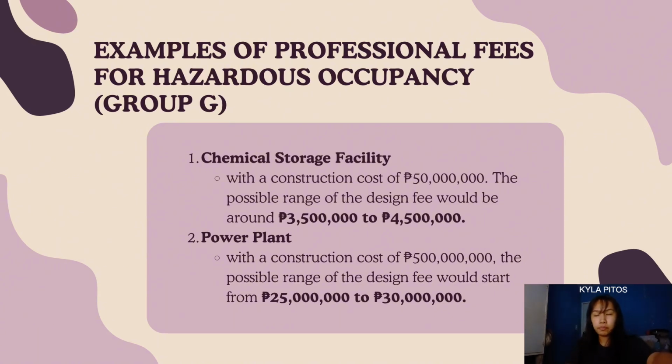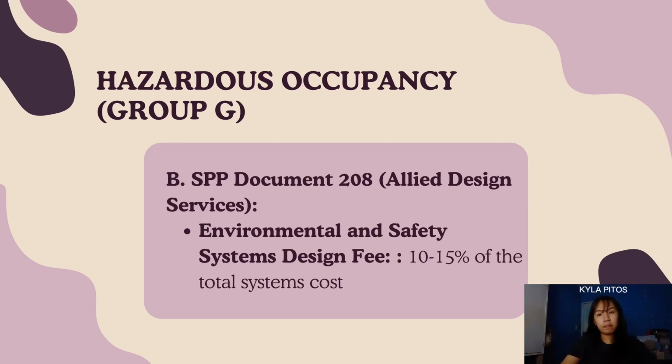Regarding the SPP Document 208, or the Aligned Design Services, it includes the environmental and safety systems design fee, which is about 10 to 15% of the total systems cost. And this applies to the design of systems such as ventilation, fire suppression, and containment systems, which are required to manage hazardous materials safely.